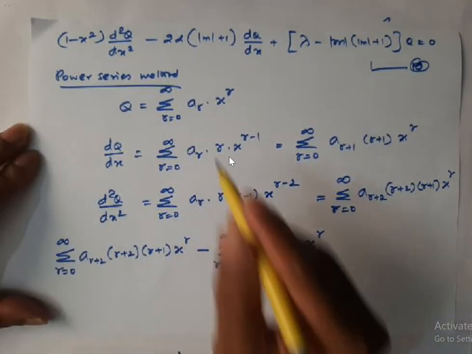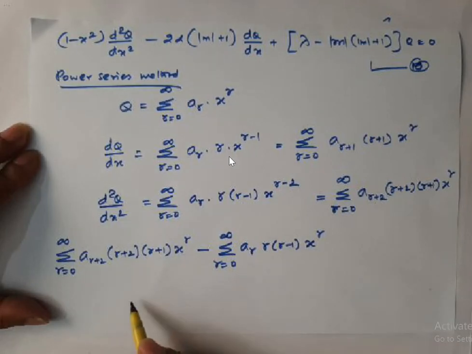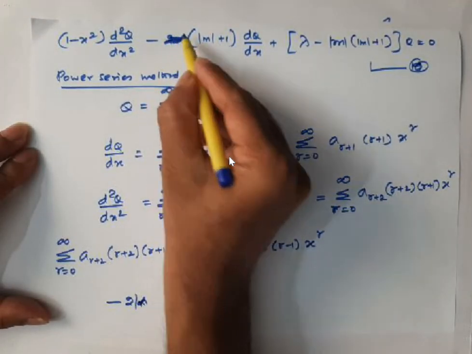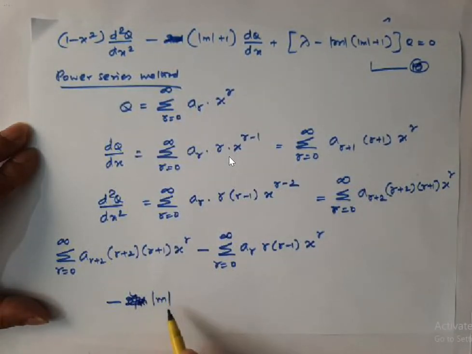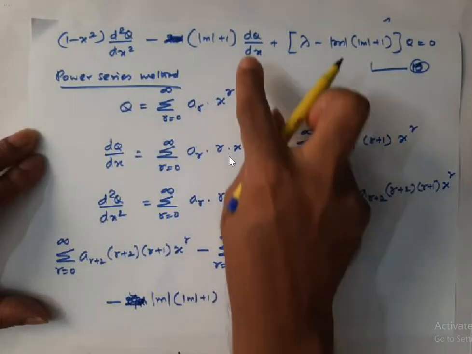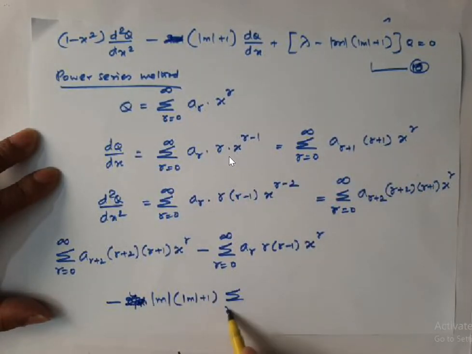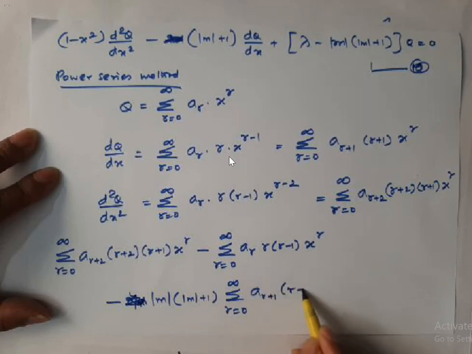Then the third term, let me write here, minus 2 alpha. Okay, I'm sorry. What is alpha? Alpha is m, modulus of m. I'm sorry, 2 alpha is m, so modulus of m into modulus of m plus 1. Instead of dq by dx, I'll write this term, summation r equal to 0 to infinity a r plus 1 into r plus 1 into x power r.